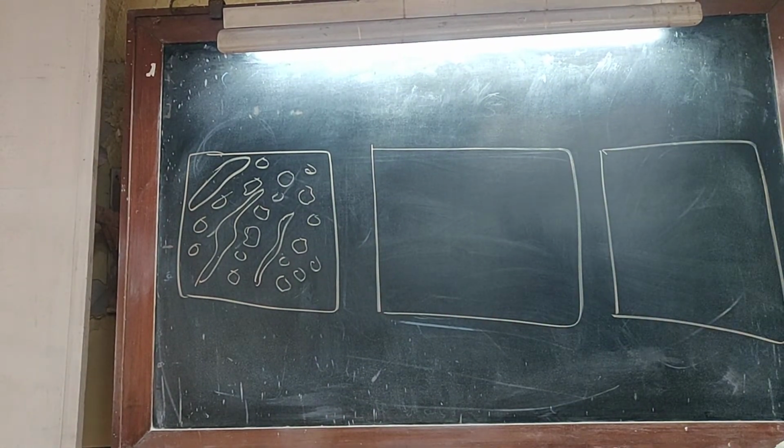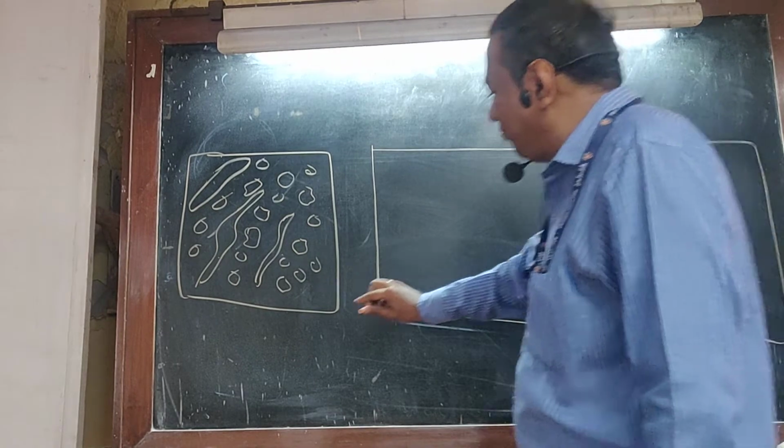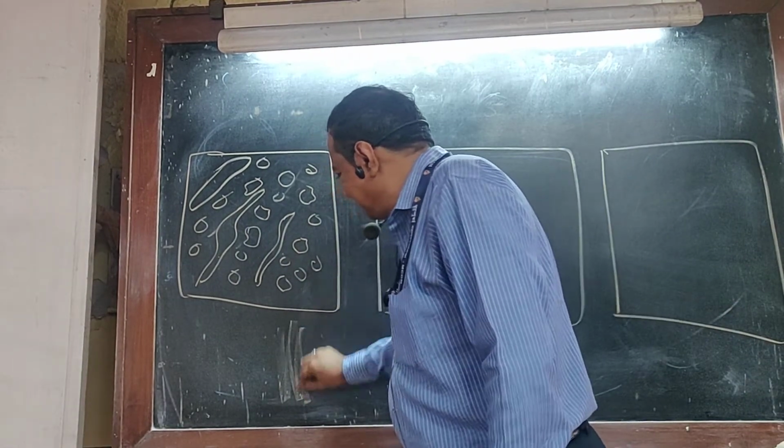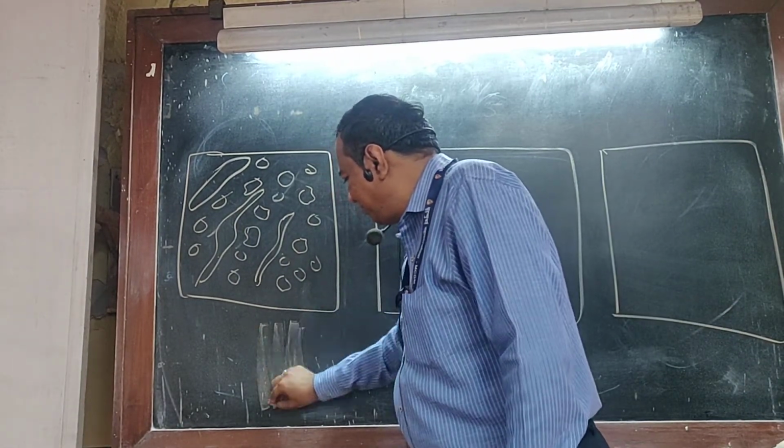What is a primary villus, secondary villus and tertiary villus? They will ask you in the exam. You remember the formation of placenta? There is syncytiotrophoblast, bars of syncytiotrophoblast.